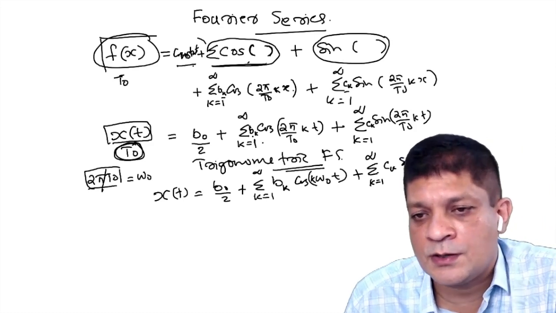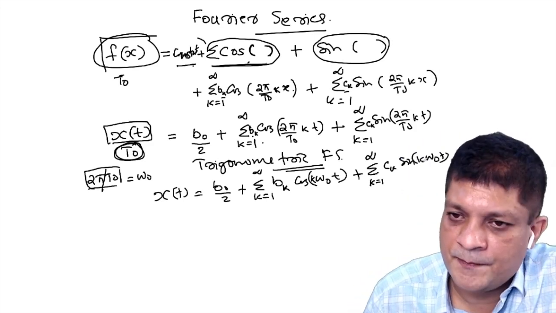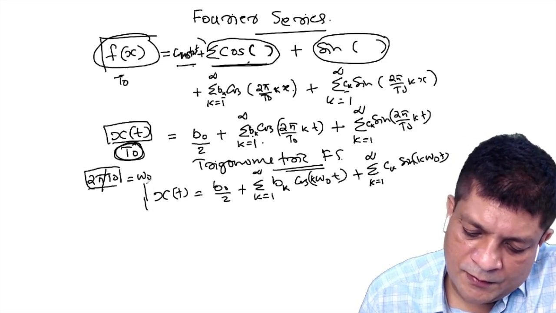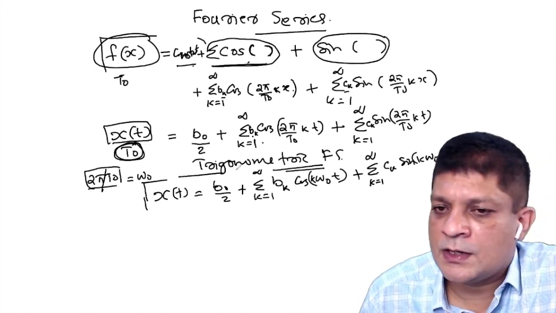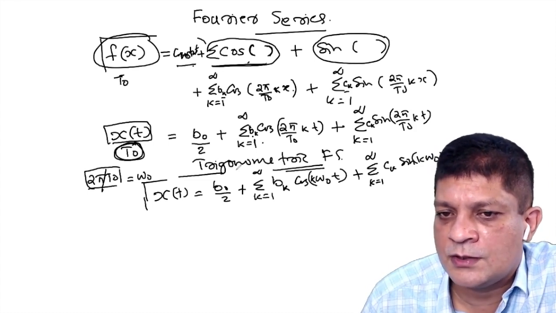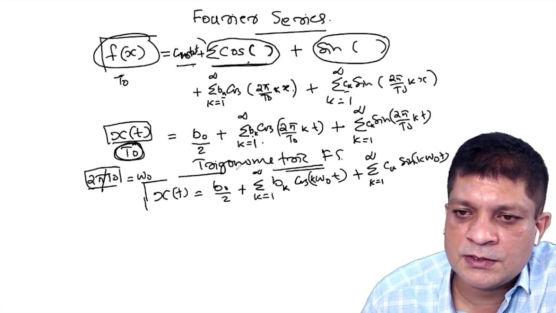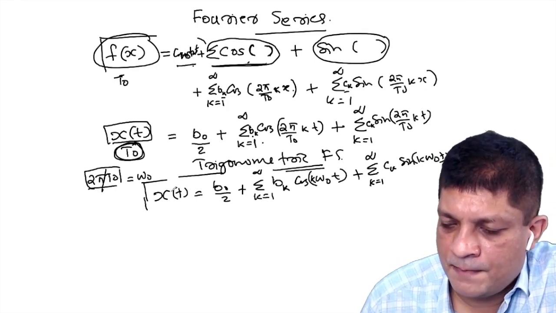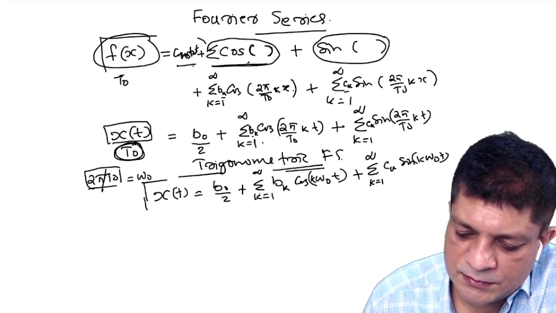This is the trigonometric Fourier series representation. In this course we consider a different form, called the exponential Fourier series representation. I will derive the formula for the exponential Fourier series from this.